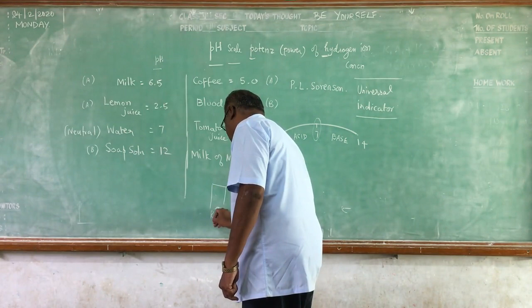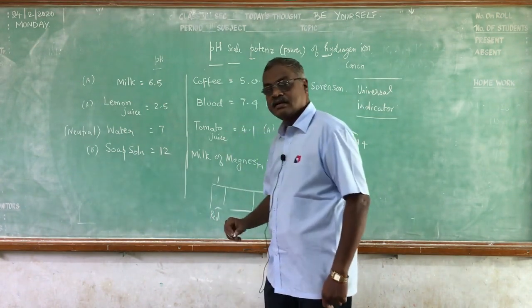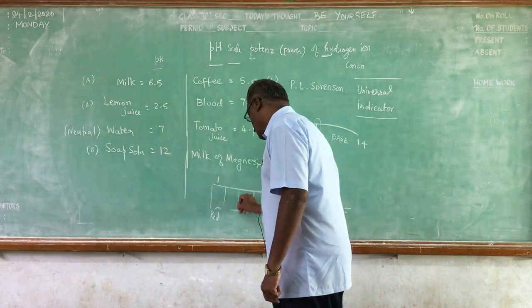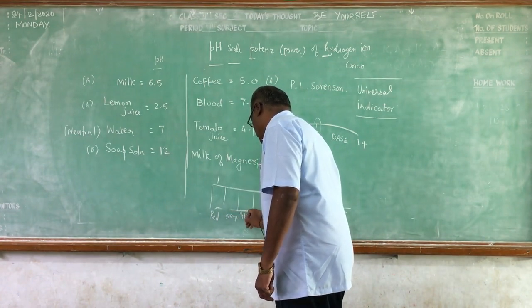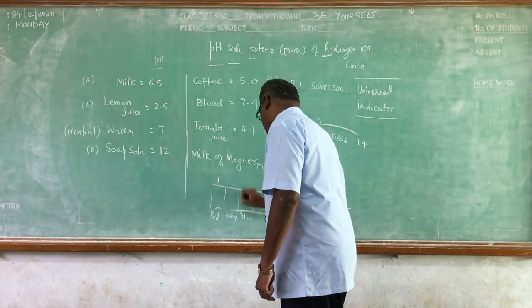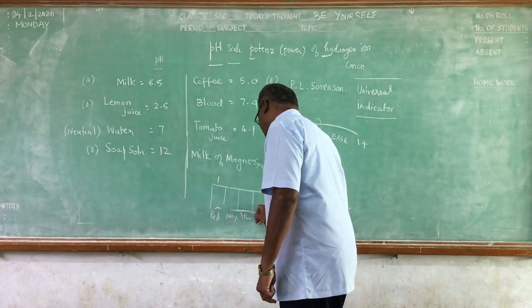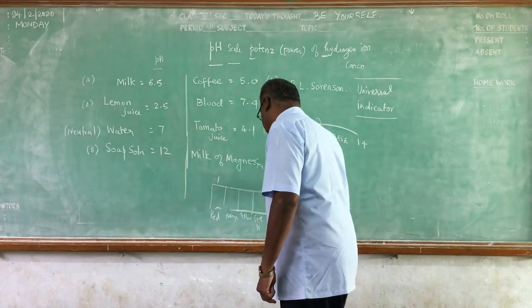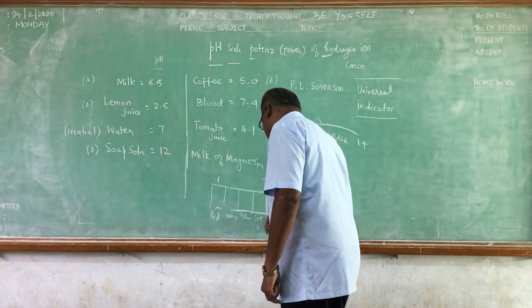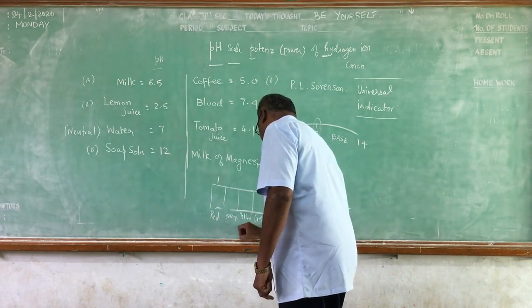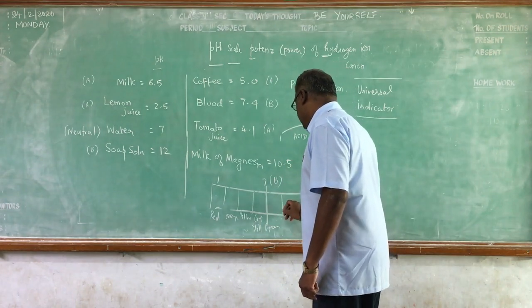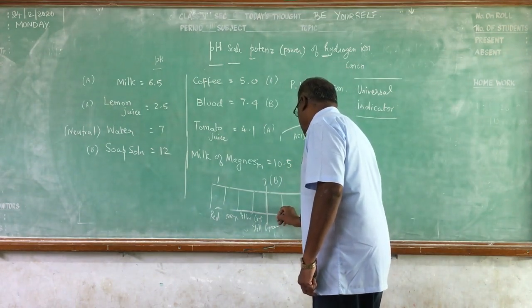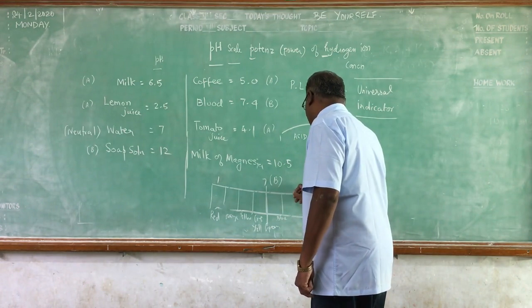First it will be red color from pH 1, then 1 to 2 it becomes orange, then yellow, then greenish yellow. At 7 it will become green. Afterwards it will become blue, and at last violet.